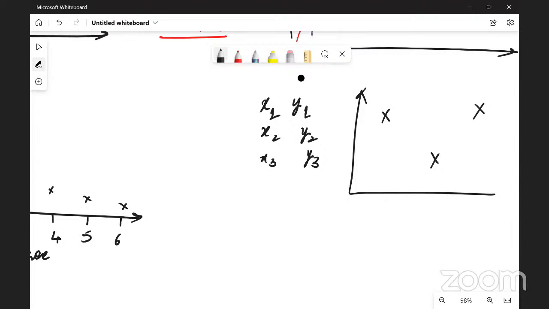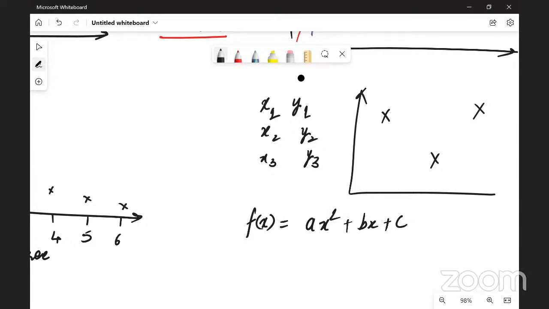You could just draw a parabola passing through these 3 points. So what I can do is assume that my function is ax squared plus bx plus c, and put all these 3 points in and solve it.